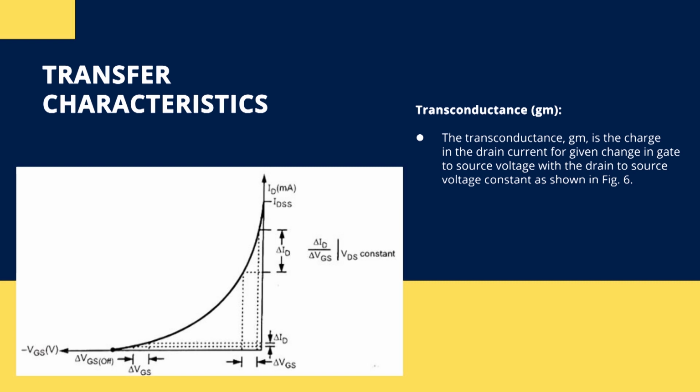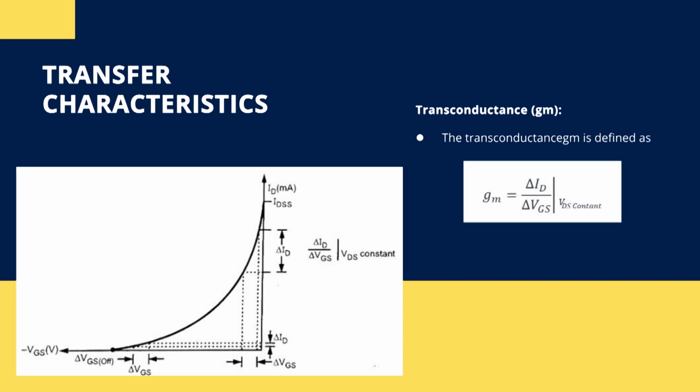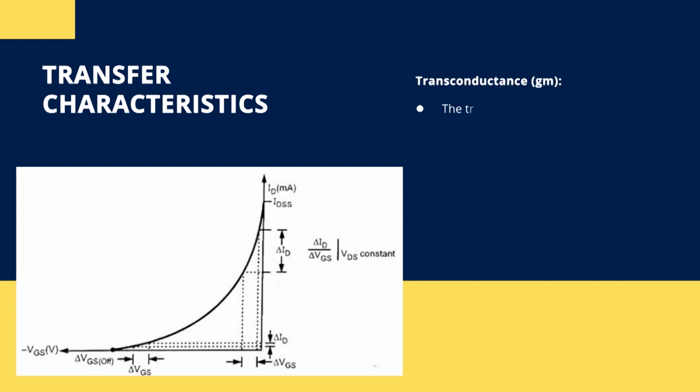Here we can see the transfer characteristics for an n-channel JFET, and we can observe GM by the variation in ID to the change in gate voltage. The transconductance GM is defined as the variation in ID to the variation in gate voltage. It is the rate of change of drain current to the change in gate voltage.